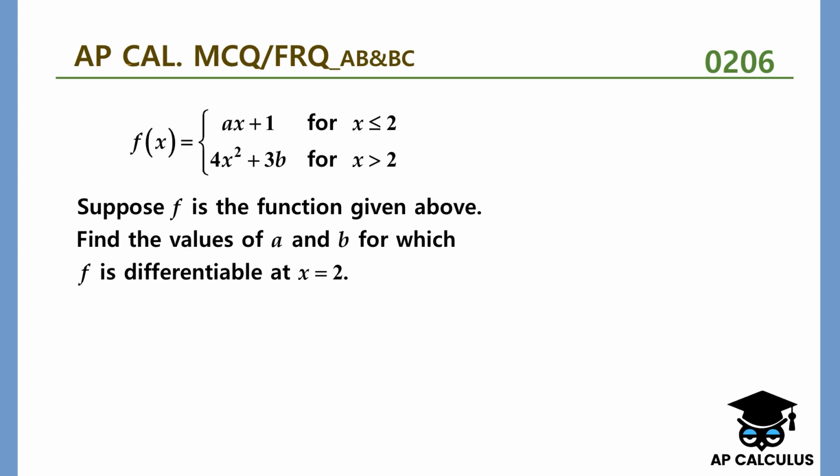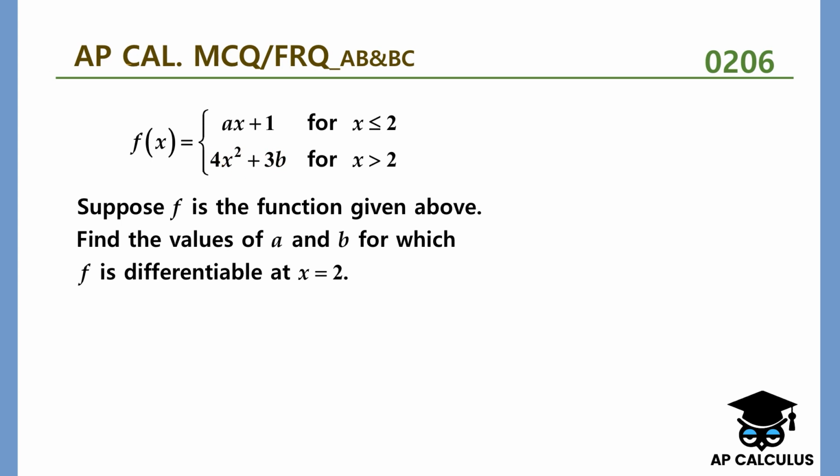Question 206. Suppose f is the function given above. Find the values of a and b for which f is differentiable at x equal 2. Okay, for the function to be differentiable at x equal 2, first it has to be continuous at x equal 2, which means when x is equal to 2, this function value must be equal to this function value.